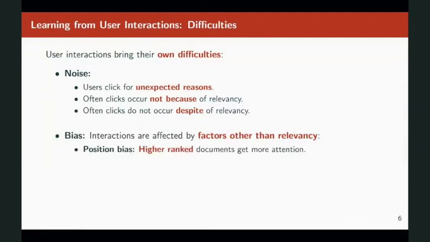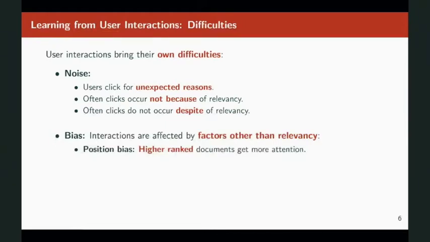The most important one, the one I'm going to focus on today, is position bias. When you show a ranking of items, when you show a number of items in an order, people don't pay the same amount of attention to all the items. So people will mostly focus on the top items and focus much less on the bottom items. Sometimes they won't even look there. And this will have an effect on the number of clicks that you'll see.